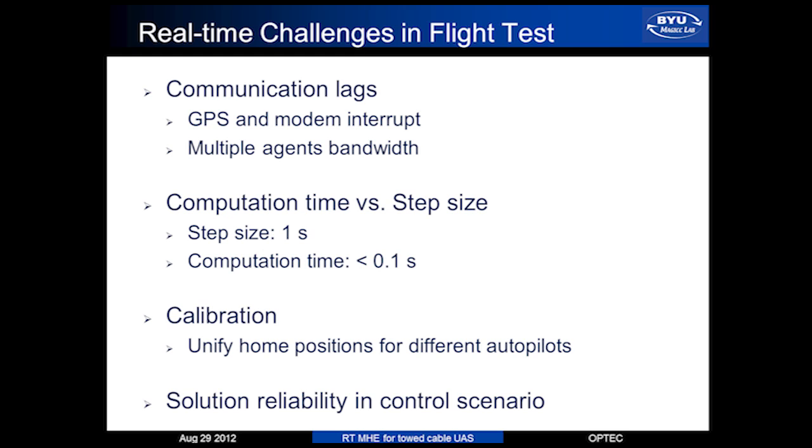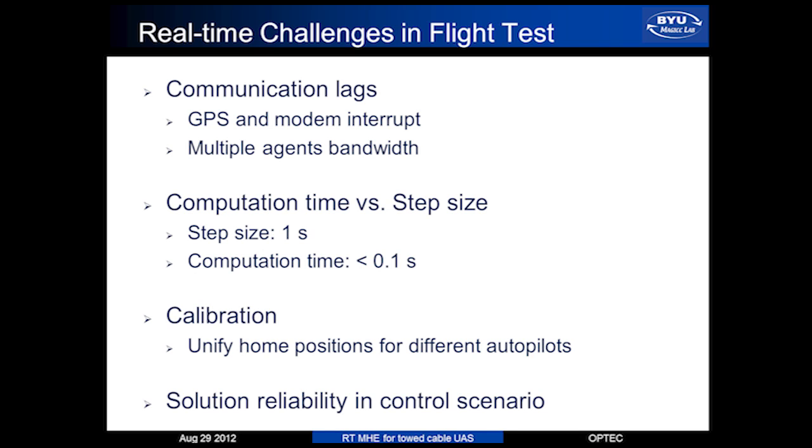We have a communication lag that cannot be solved. Also there are three agents in the air, so the bandwidth problem is always there. So the communication lag is something we need to consider.